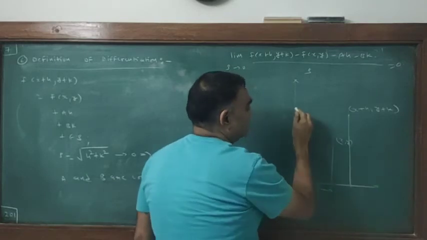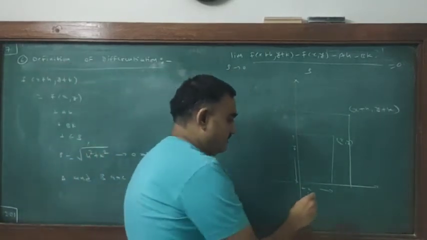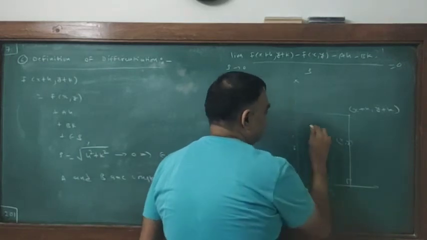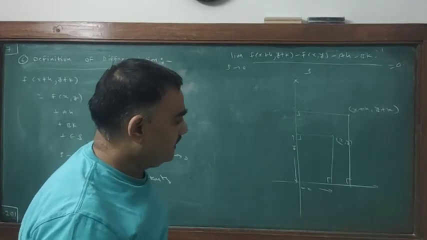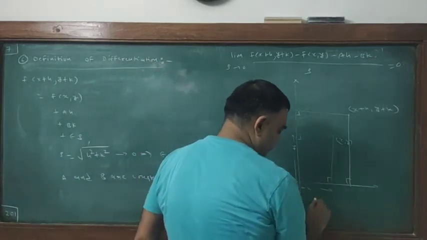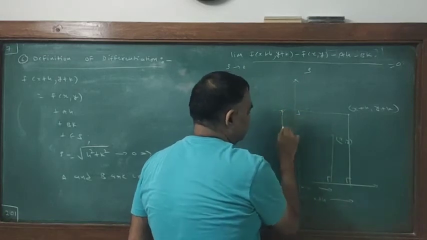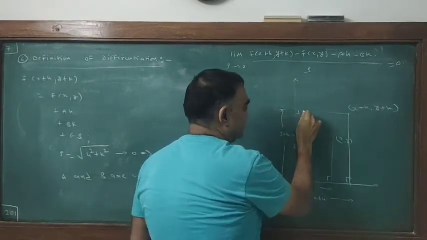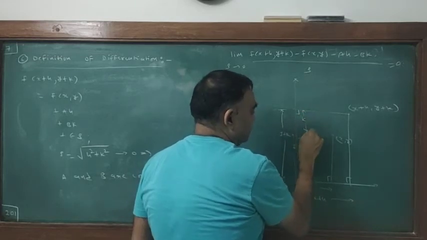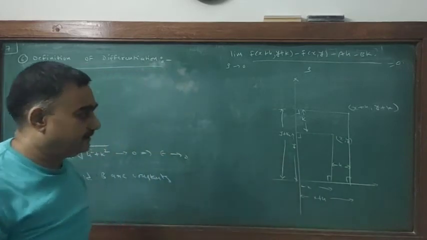And again if we draw the perpendicular from that to the relative axis, then this distance is x plus h and this distance is y plus k. Means this distance is k and this distance is h.